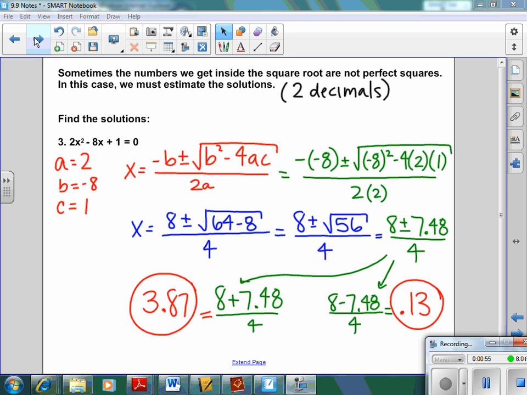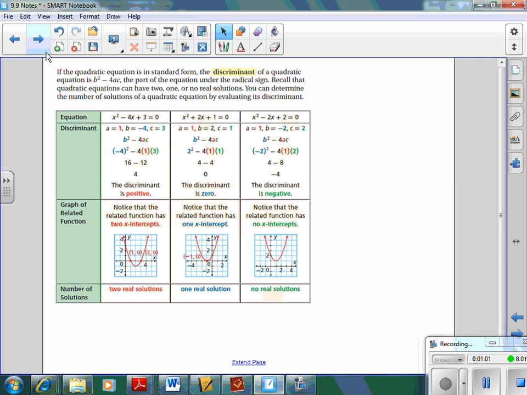Or you could always plug it in your graphing calculator and do the nice little trace thing that we've done in the past. So now that we know how to use the quadratic formula, let's talk about something that goes along with the quadratic formula. It's something called the discriminant. If a quadratic equation is in standard form, the discriminant is b squared minus 4ac.